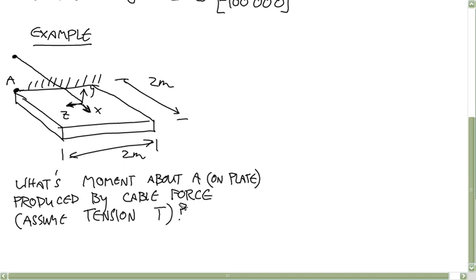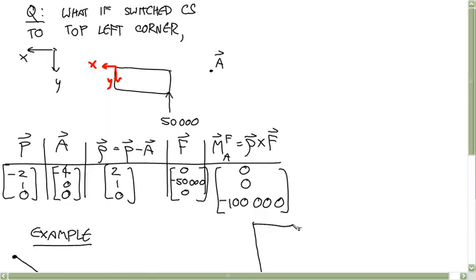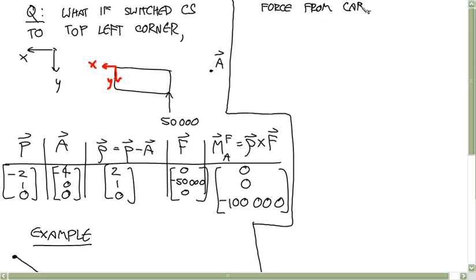So let's figure out what that force vector is in terms of the single variable T. We can figure out the direction, come up with a unit vector, multiply it by T, and that'll be our force vector, the force applied by the cable.